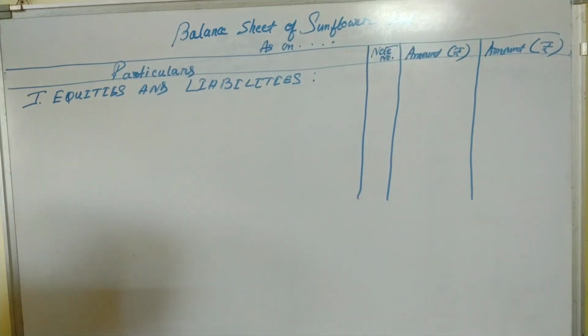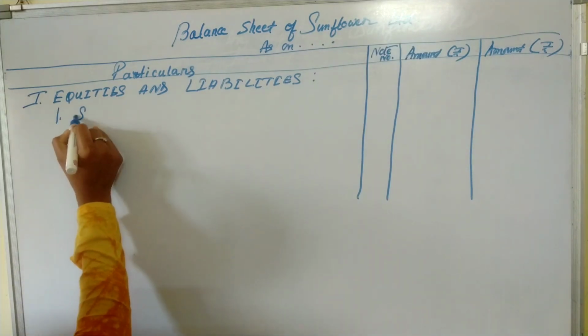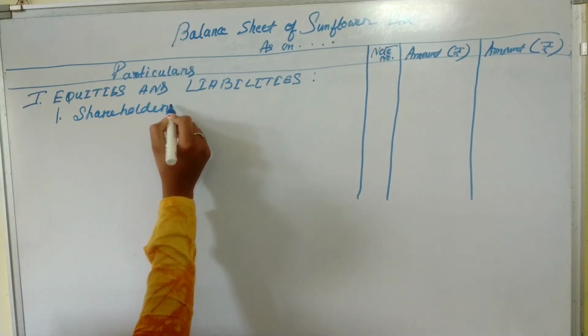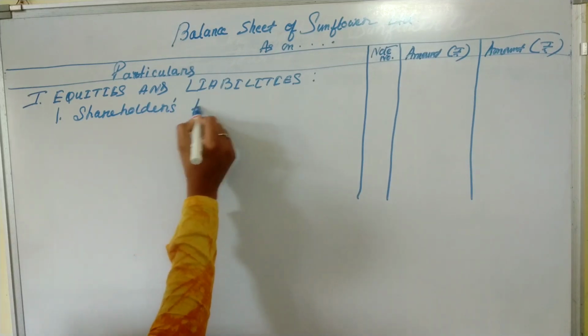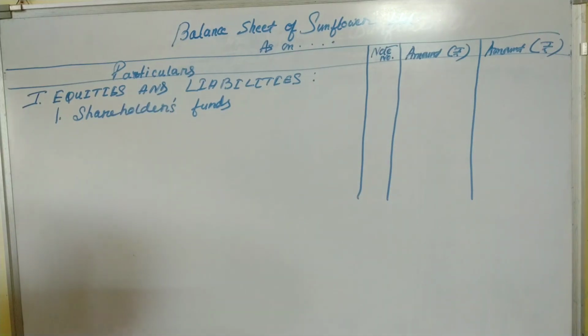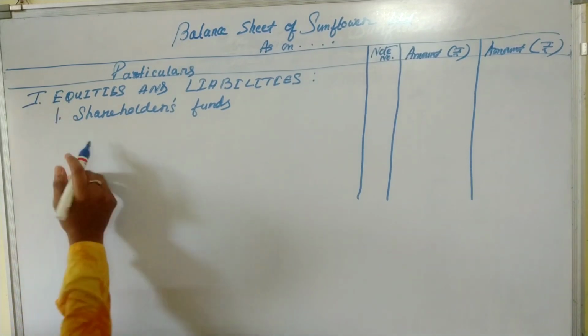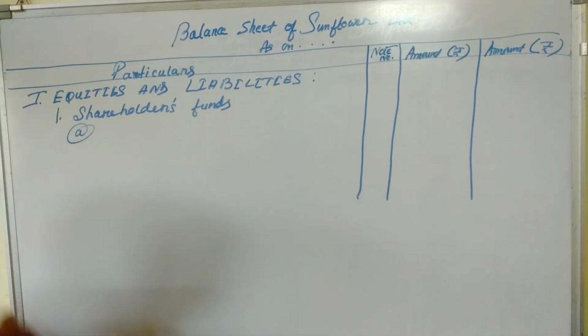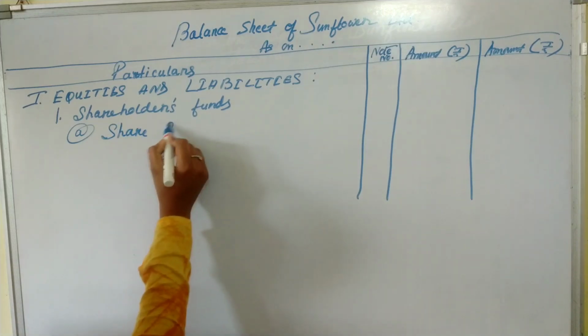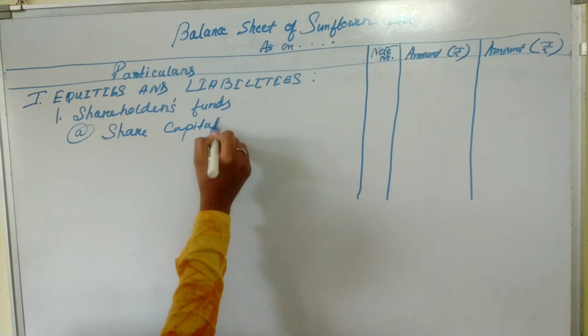Equities and liabilities are the major heads, and the subhead is shareholders' funds. And below this we will write share capital. In the balance sheet, first of all we will show the share capital.